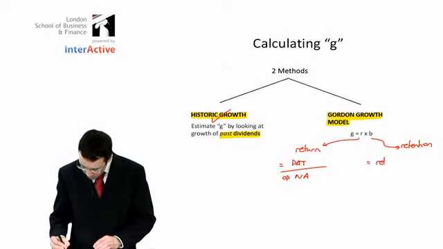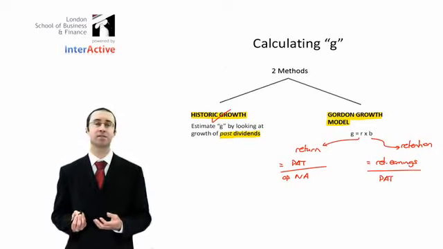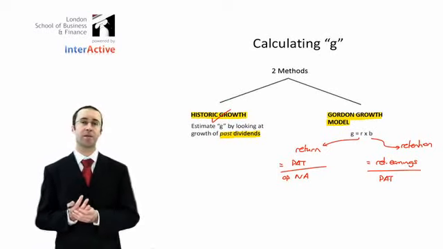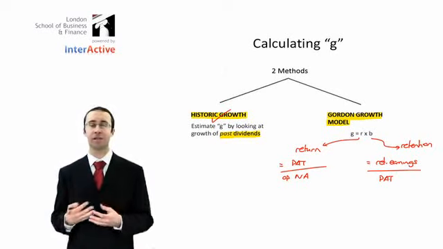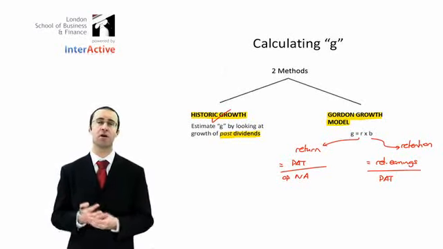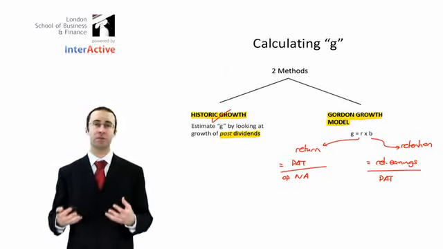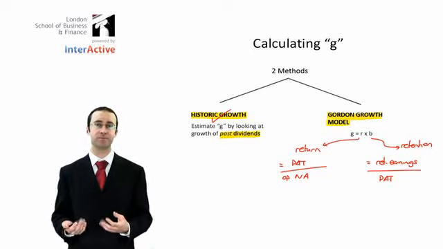Your retention is your retained earnings as a percentage of your profit after tax. Now, there are 2 ways in which that can be examined. 1, you'll be given a balance sheet and income statement and have to work out those figures. Or 2, you may just be given the return and the retention.